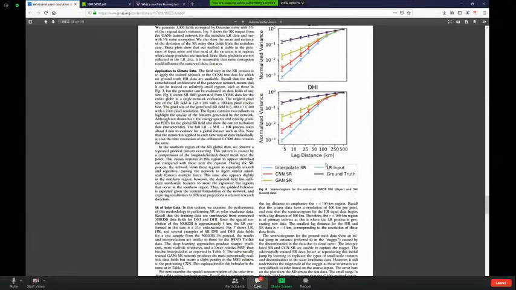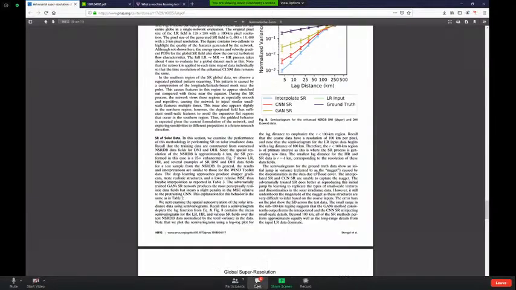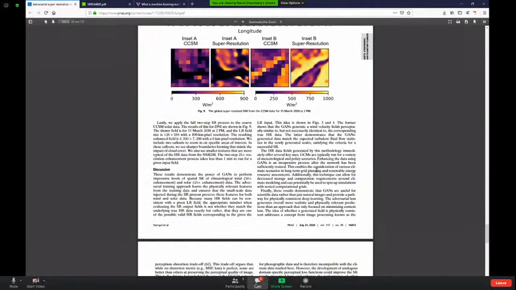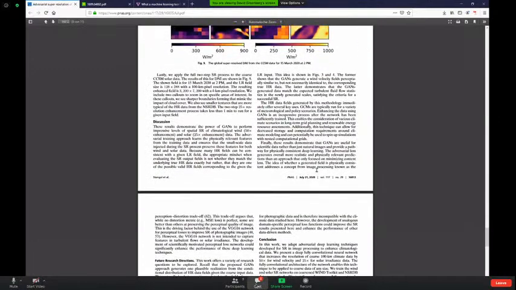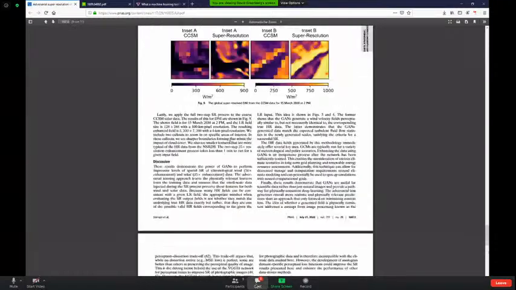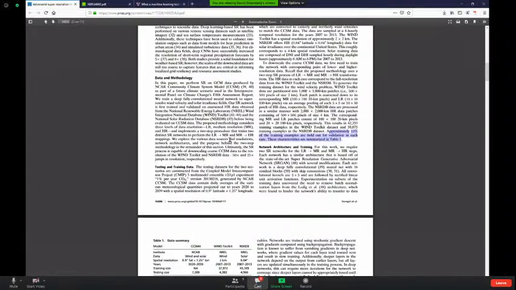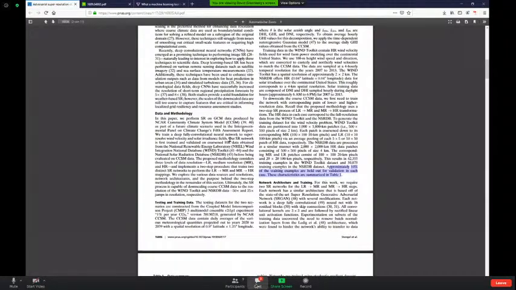It's not quite as based on physical principles, but we can ask, do the statistics of the fields produced by this method match the statistics of our training data? So that's basically it. They train on these high resolution products, and then they can basically increase the resolution of the climate model outputs.